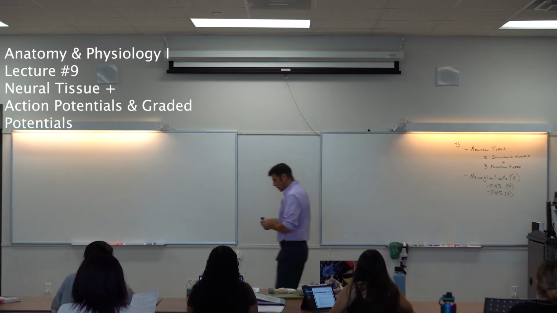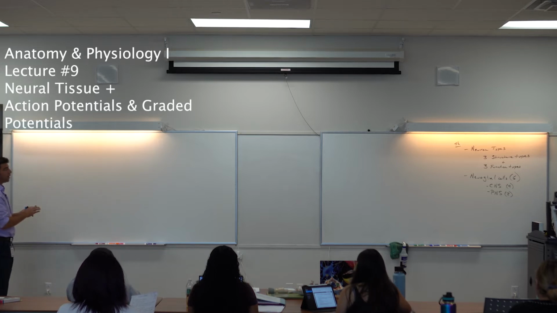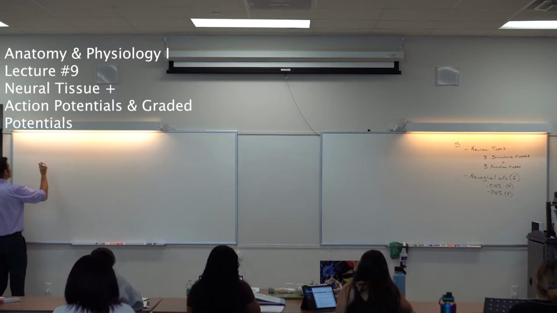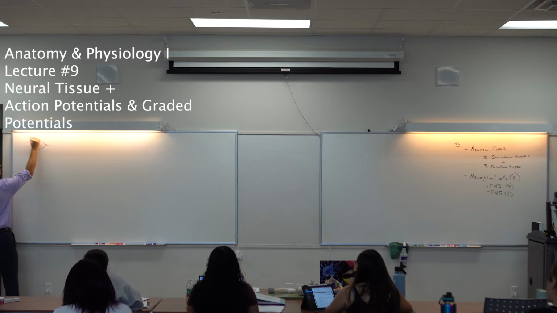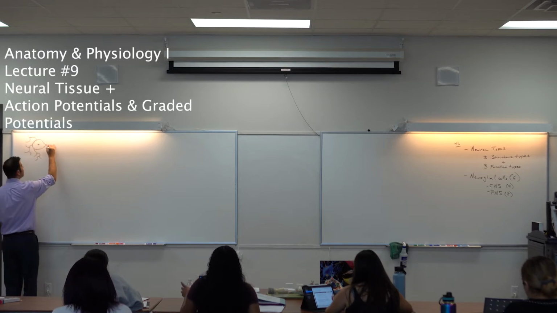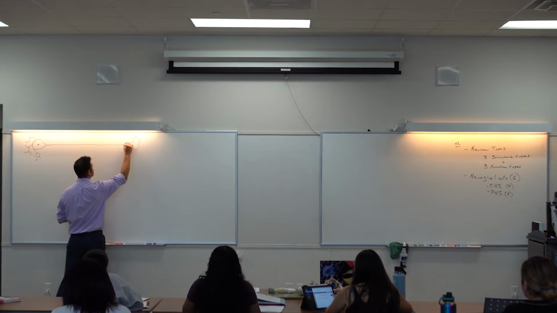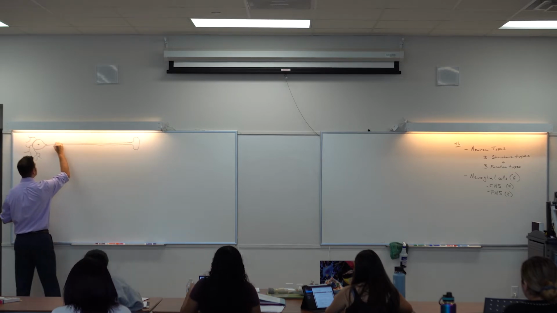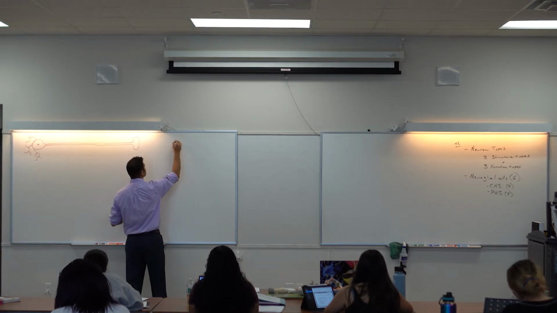So let's try this. I'm going to draw a type of neuron, and then later on when we get into the PowerPoint, you should be able to tell me structurally what type of neuron I'm drawing. And not a great artist here, but I'm going to draw something that looks like this. Put some root-like structures coming off the side. I'll put a little nucleus in the middle. All right, and I'm going to draw another one here. Let's put one.